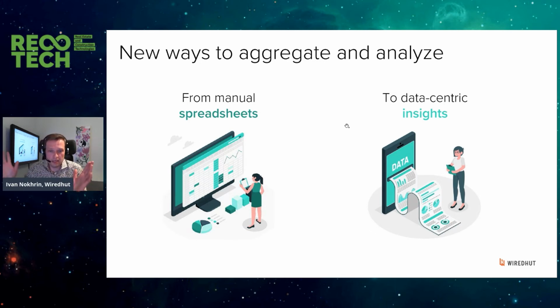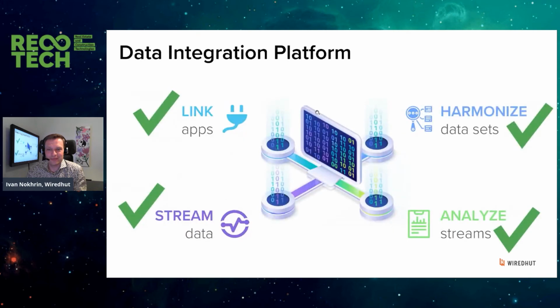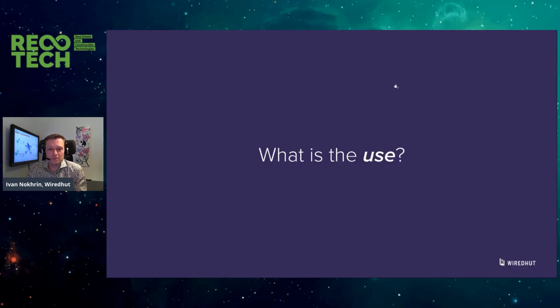And so we finally can answer the big question, how we switch from spreadsheets to data-centric insights in the real estate industry. And that all of these four components brought together is what we call data integration platform.